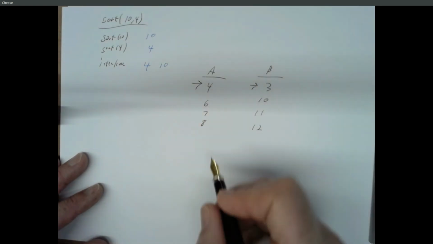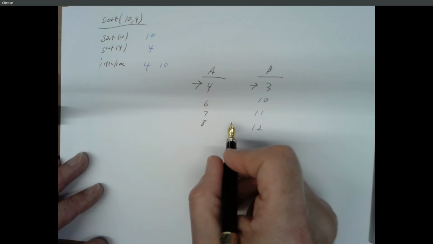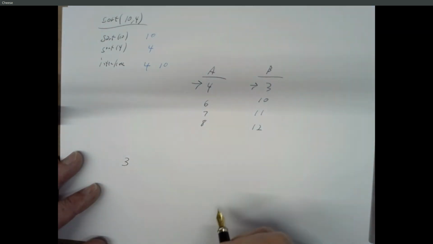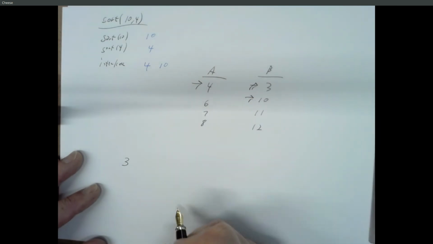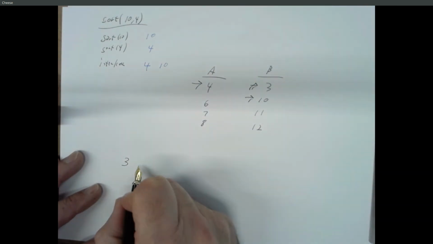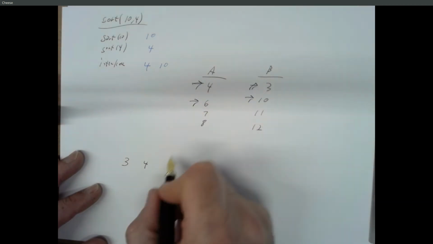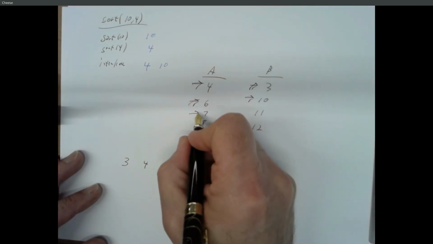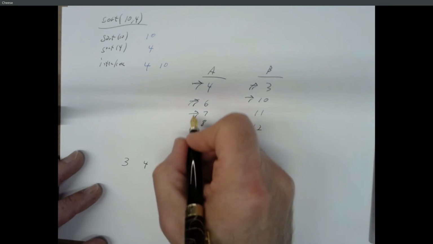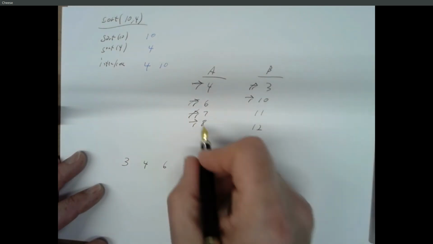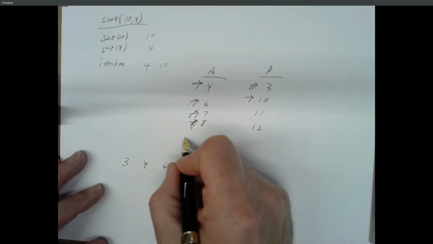So we have an A index and a B index, and we compare those. B index is smaller, so we'll add that to our output array and increment this. And now A index is smaller, so we add that to our output and increment. And A index is smaller, so we add that and increment. And A index is still smaller, so we add that and increment. And A index is still smaller than B index, so we add that and we increment.